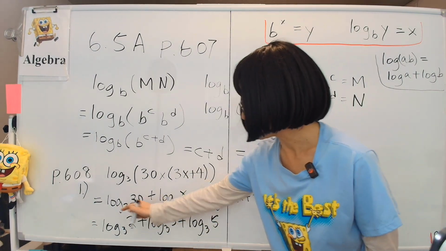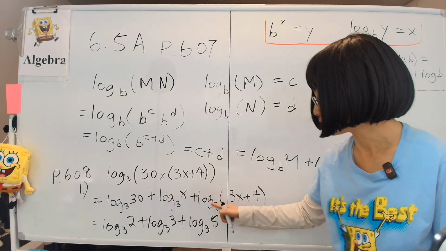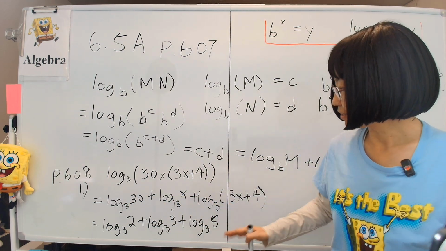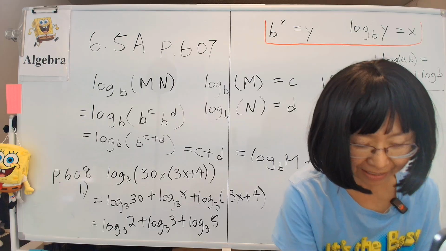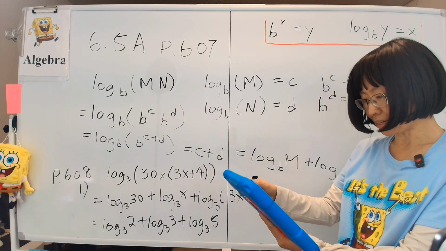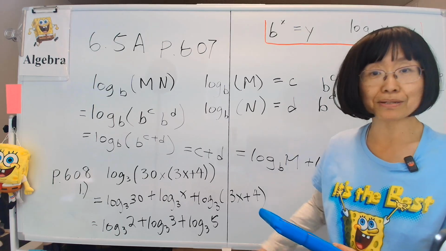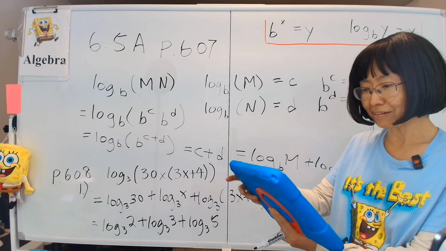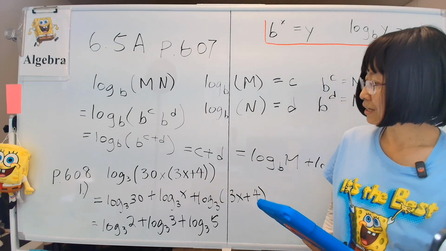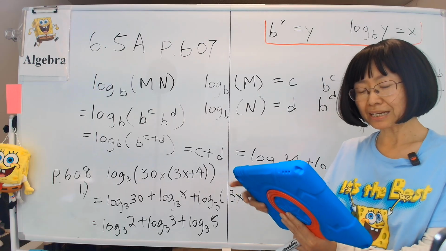And that's only the 30, plus that, plus that, plus that. As you can see, that is the answer. The answer is very long, but not particularly difficult. You just have to have the patience to write it out. So that demonstrates example 1.